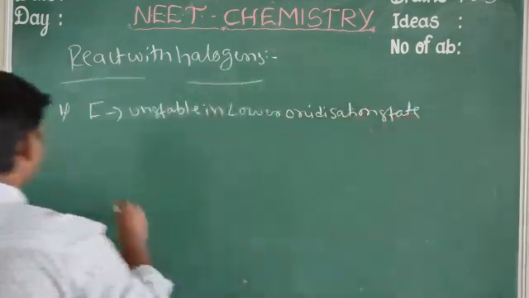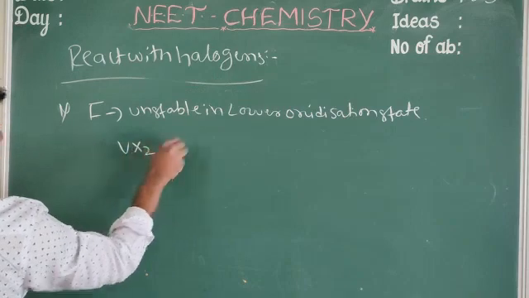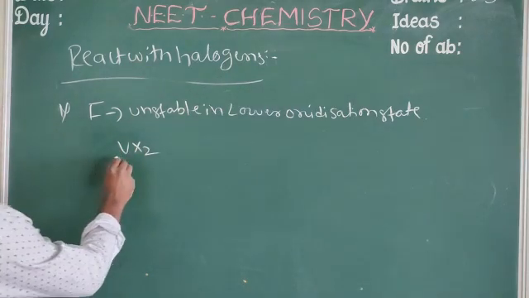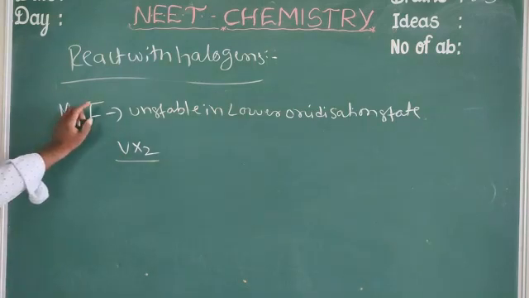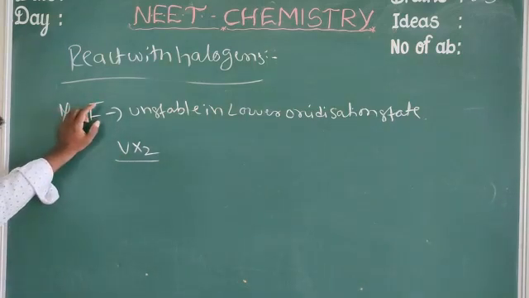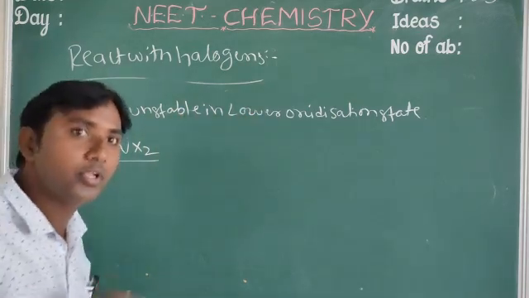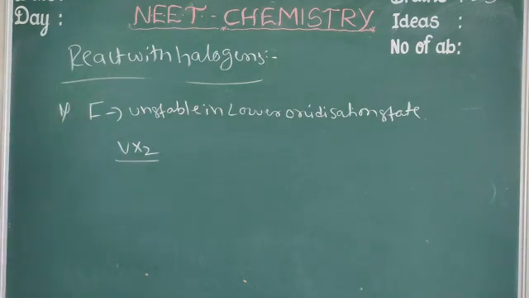Very important point. Fluorine is unstable in lower oxidation states, for example vanadium VX2, like those compounds. That's why fluorine forms stable compounds in higher oxidation states only. So fluorine is unstable in lower oxidation state compounds. Okay, that is the important point.